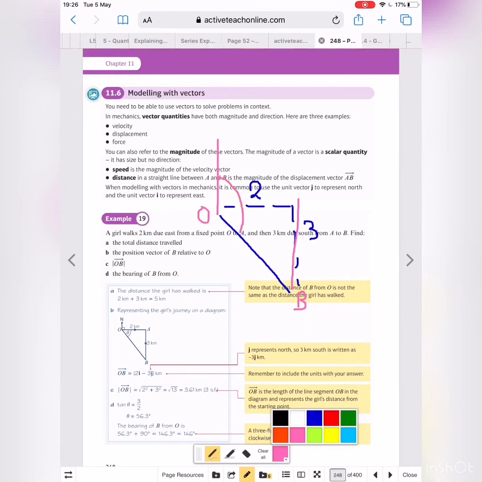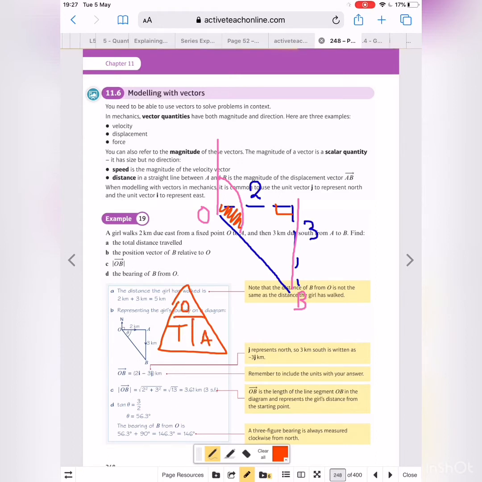Well, the first thing we're going to be able to do is work out this. And the way we're going to do that is by using SOHCAHTOA, because remember this must be a right angled triangle. So then it's going to be the TOA triangle. So tan equals opposite over adjacent. So we're going to do tan to the minus 1 of opposite, which is 3, over adjacent, which is 2.